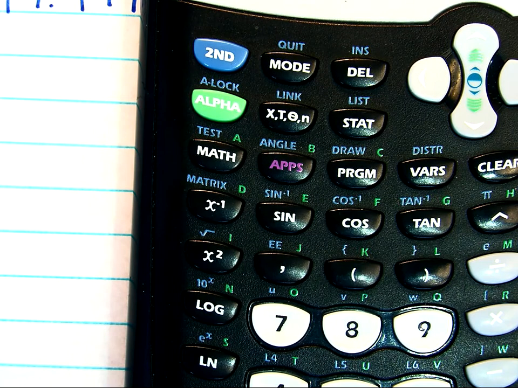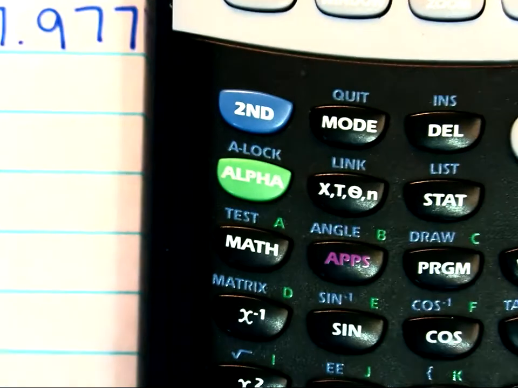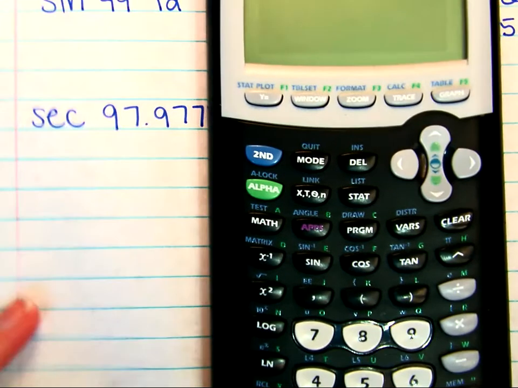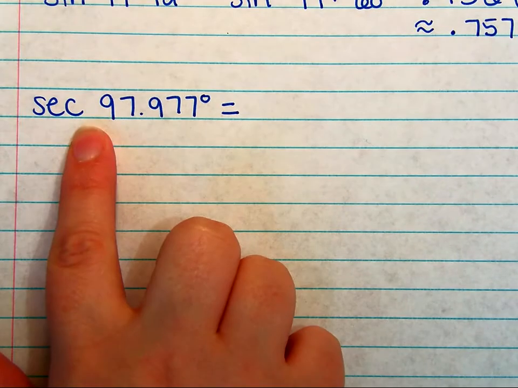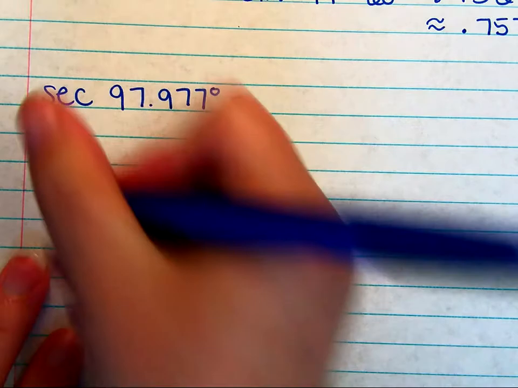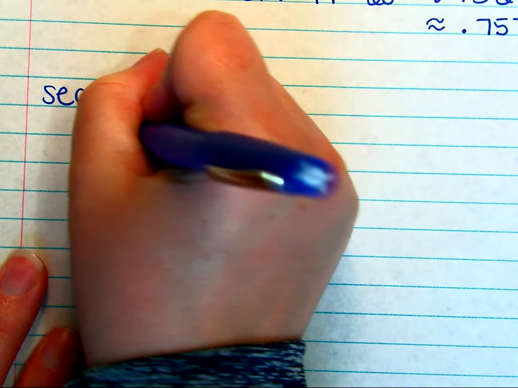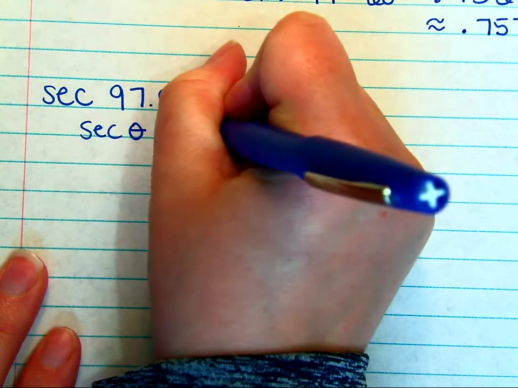Sine inverse allows you to solve for an angle. So do not try to use sine inverse, or in this case cosine inverse, to figure this out. You need to think about, if I'm trying to solve for secant, how is secant related to cosine? So you need to remember that those are reciprocal functions.